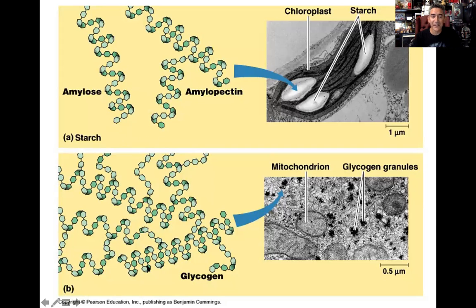Glycogen is just a little bit more repetitive in its nature, but they're both high energy molecules. Amylose or starch is the energy molecule for plants, like vegetable starch or corn starch. Glycogen is the energy carbohydrate storage molecule for humans.